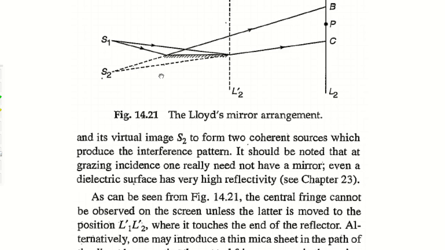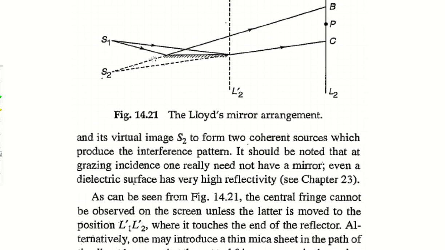But I am touching the main point of Stokes' law: when light gets reflected from a surface which is backed by a denser medium, that is, the denser medium resides at the bottom of that surface, then a pi phase difference appears in the reflected light compared to the incident light.